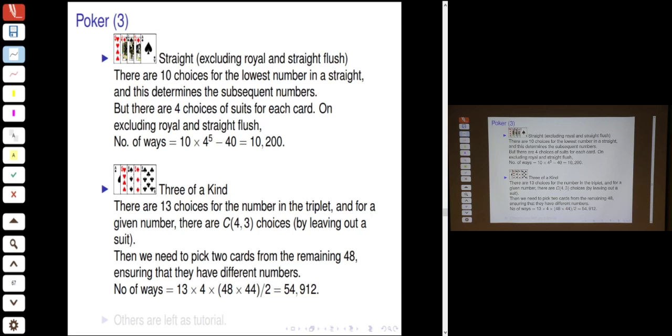Okay. Now why divided by 2? Because when I consider 48 first, 44 second, I could have 10 and 8. Right? I could also have 8 and 10. Suppose I don't divide by 2, right? So my counting includes this situation: I first draw a 10, which is the 48, choose 10. Then I draw an ace, that's the choice from 44.